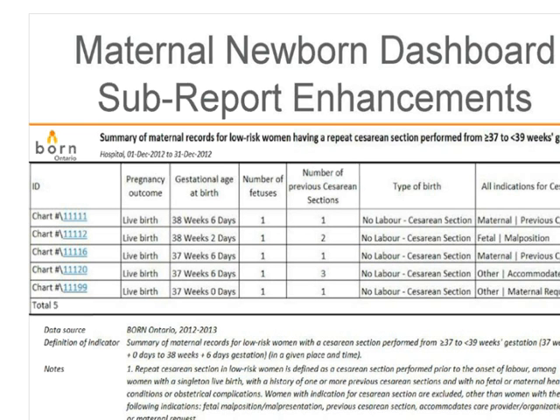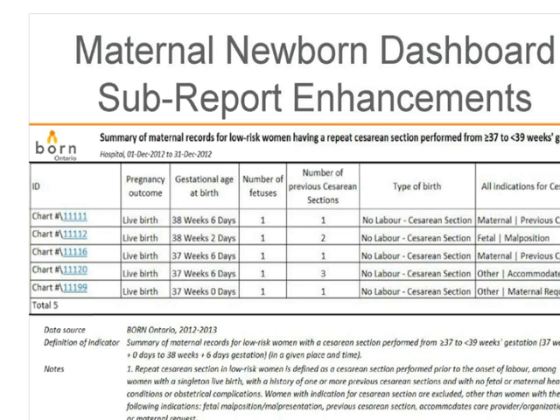And these columns pertain to data elements that were used to select these records based on the criteria for this indicator. For instance, the first column is the pregnancy outcome. So for all these women who had an elective repeat C-section prior to 39 weeks, we know they were low-risk women.